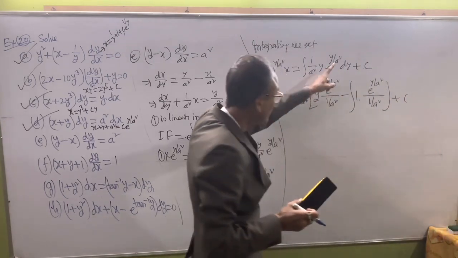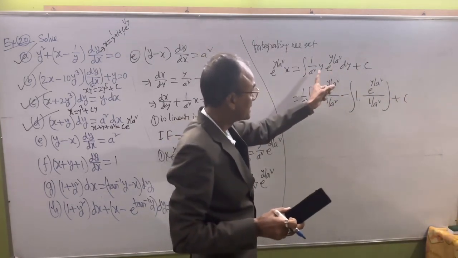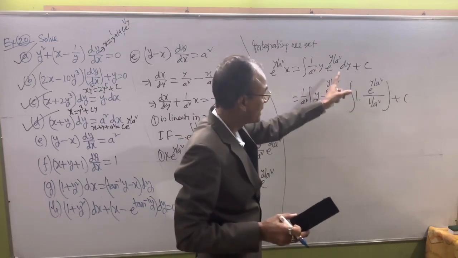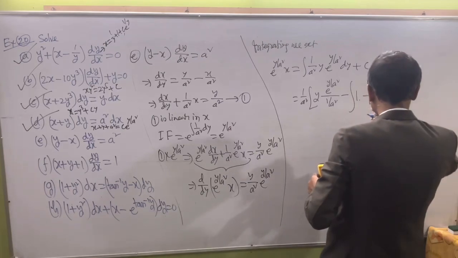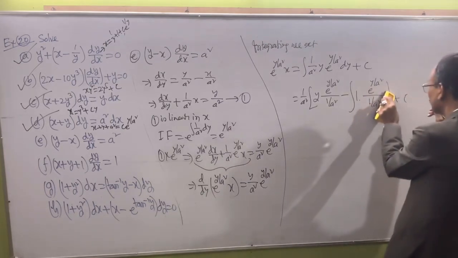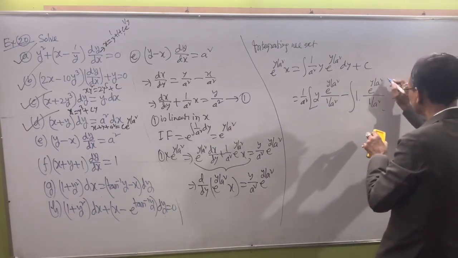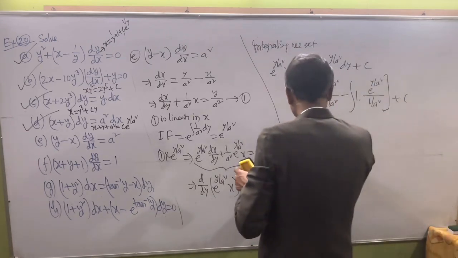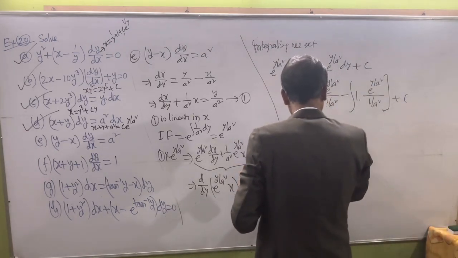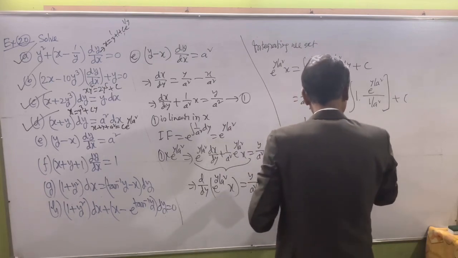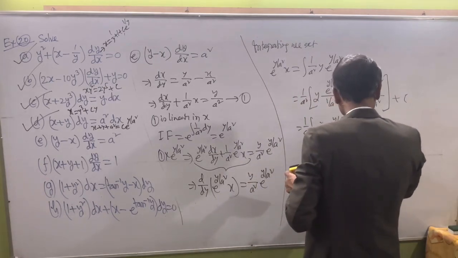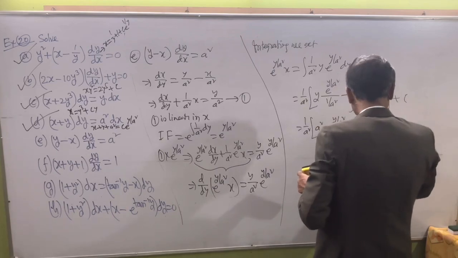Differentiation of the first function is 1, into integration of the second function, whole integral. This is equal to 1 by a square, a square y e to the power y by a square minus a square e to the power y by a square plus c.